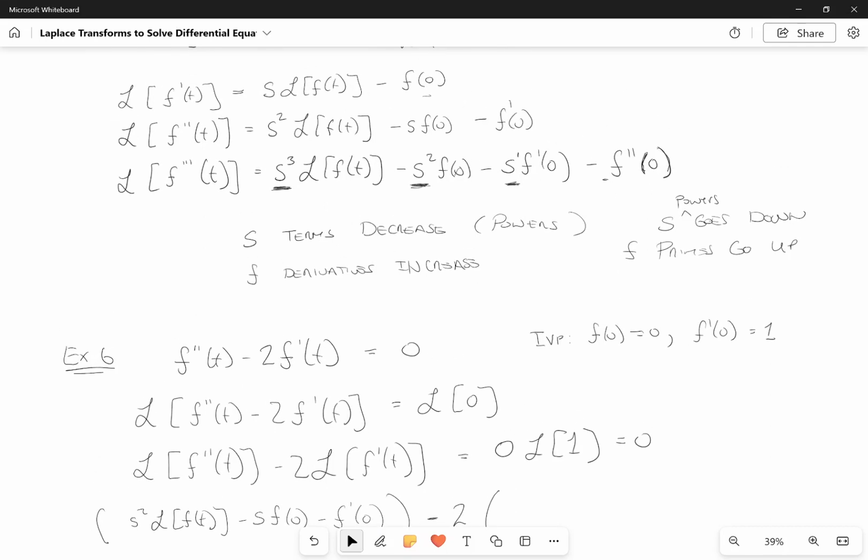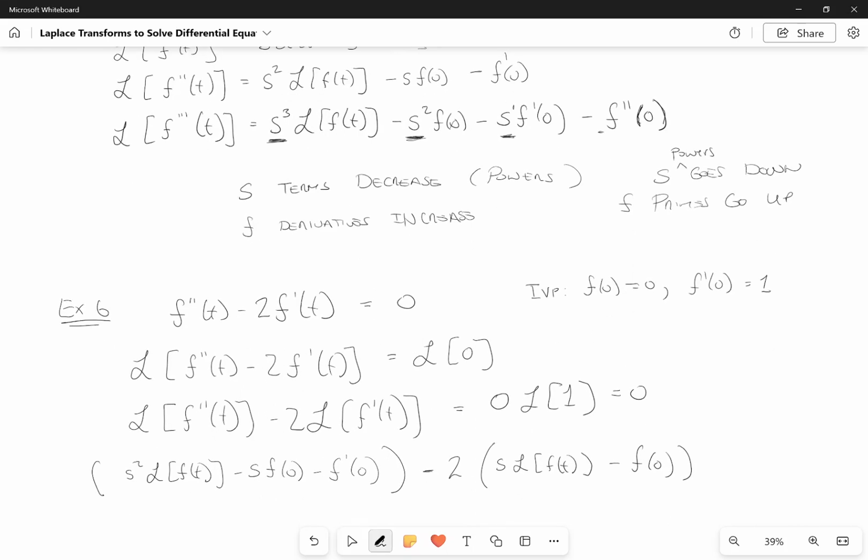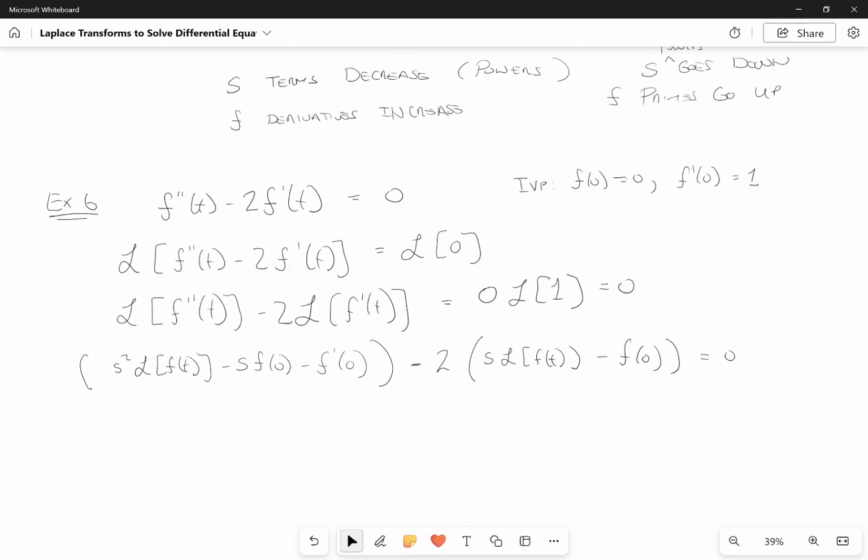Well, that's just up here. It's just s times the Laplace transform of f of t minus f at 0. Okay, and all of these equal 0. Well, we said that f at 0 is 0. So this guy gone, this guy gone, this guy is 1. Okay, so what do we have?